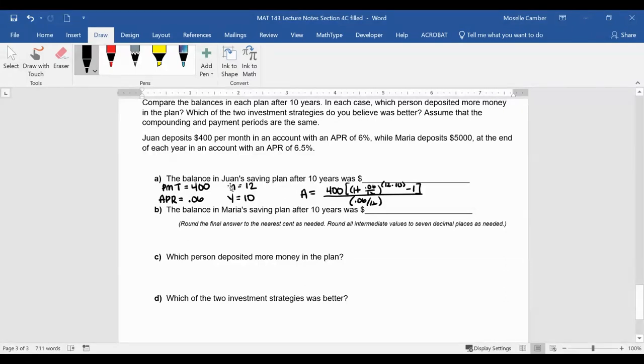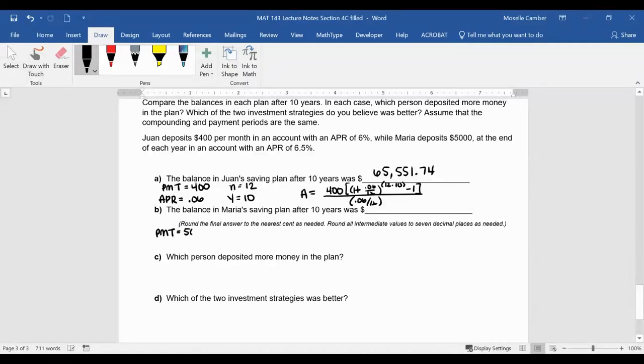So put that in the calculator and I would get $65,551.74. So Juan has $65,551.74 in his account.